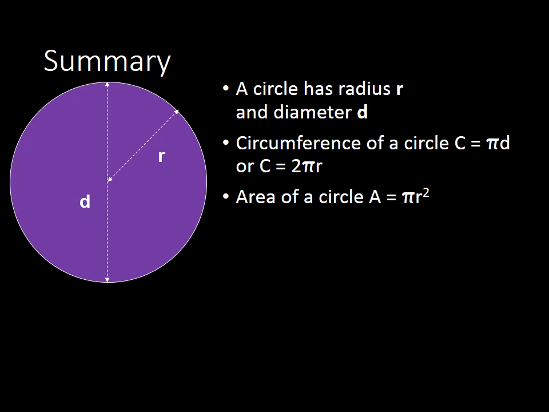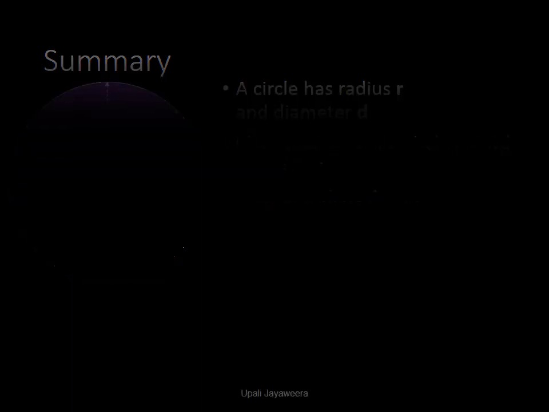The circle has radius r and diameter d. Then the circumference of the circle C equals pi d. Or you can say C equals 2 pi r because 2r equals d. Area of a circle A equals pi r squared.